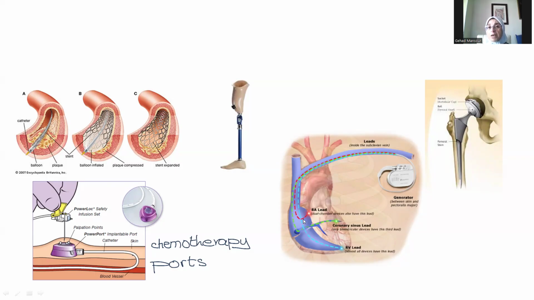But if the natural pacemaker of the heart is diseased and the heart rate is abnormal and intractable, meaning that it cannot be treated by regular medication, then we implant this artificial pacemaker that is connected through a cable to the heart, and it can send electric impulses at a regular rate that mimics the normal heart rate.